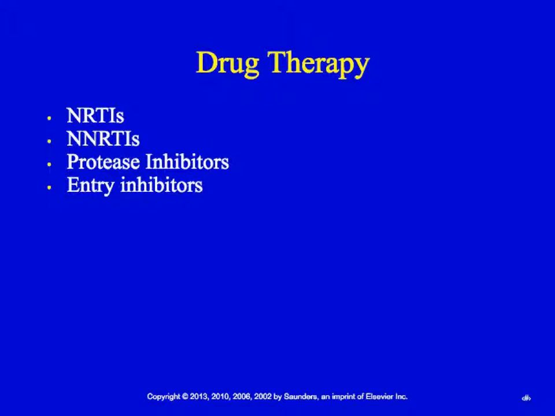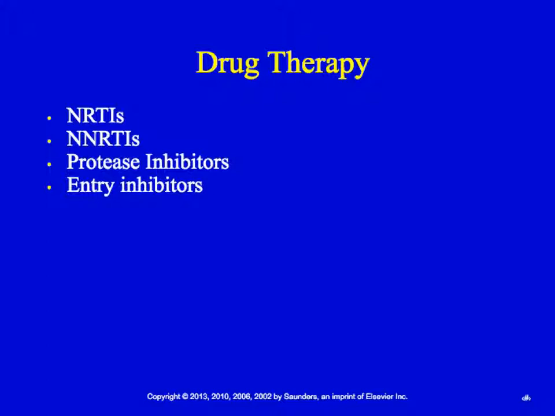The other thing is that using monotherapy, or just one of these drugs, increases the ability of the virus to build up a resistance. It's a pretty tricky virus, so it could actually find a way around one of these drugs if we only used one type of drug to inhibit it.